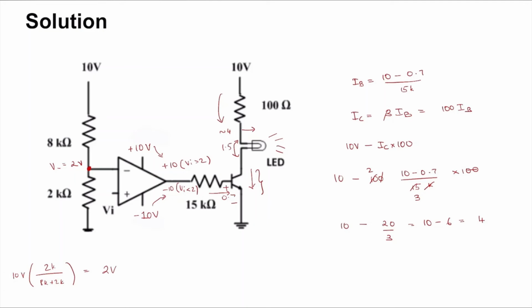So the point is, when you have 10 volt at the output of the op-amp, that should be enough to turn the transistor on and have the LED glow. So all you have to do is look for when Vi is greater than 2.